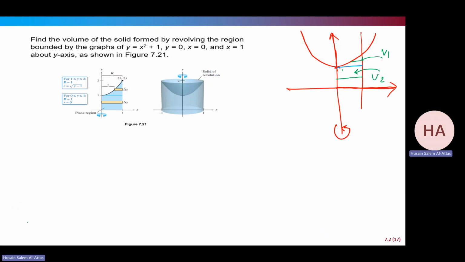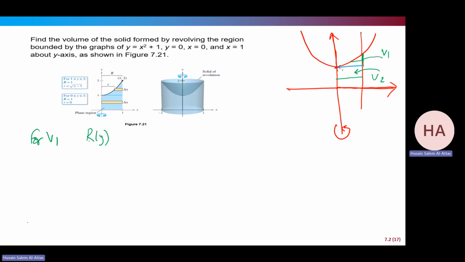Okay, so for V1, I have R of y, the outer one, and the function will be the inner.